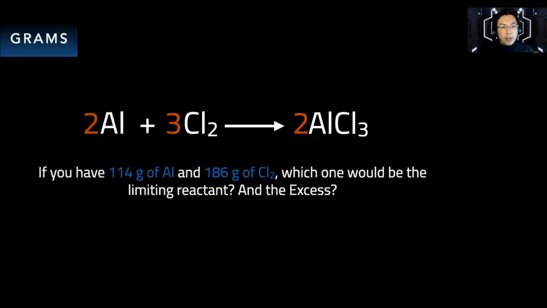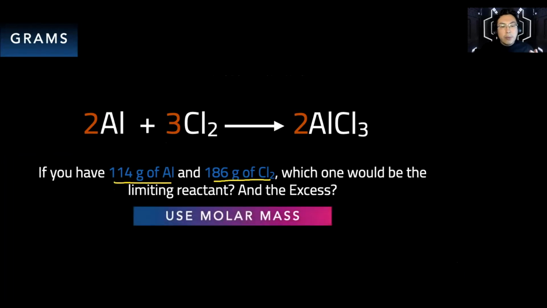Now, let's see another example with grams. With grams always comes an extra step, remember, because we need the molar mass. This problem presents you with two quantities, one for aluminum and one for chlorine, in grams, which means we need to follow the steps. The first step is to balance the equation.